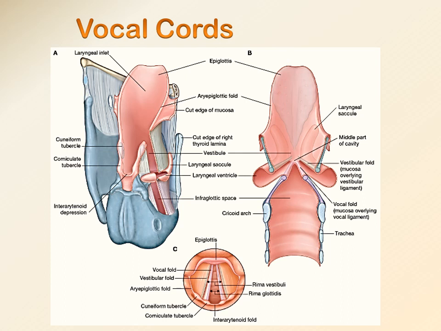Vestibular fold has false vocal cord, where below it there is another fold and the cricoid cartilage called vocal cord اللي هي true vocal cord. بين الفستيبولار fold من الأعلى والtrue vocal cord من الأسفل there is a ventricle called laryngeal ventricle.